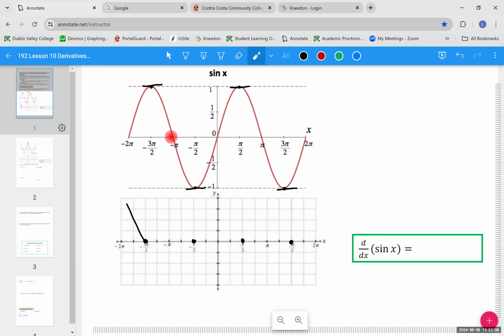So from negative 3 pi over 2 to pi over 2, this function is decreasing. So we're going to expect the derivative to be down here. And again, let's pay attention to its steepness. It starts out, as we know, at 0, and then it's getting more steep until at a certain point, it starts to get less steep again.